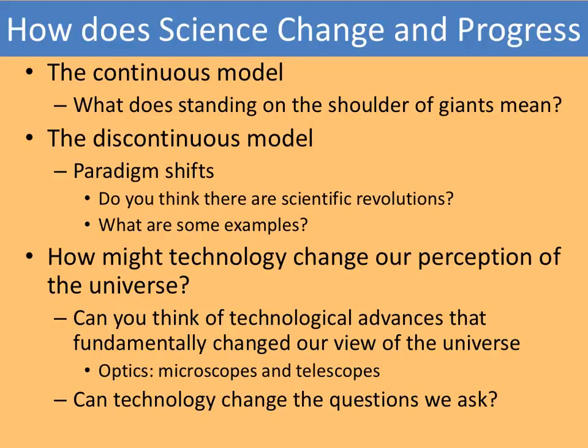So, same thing with telescopes. As you know, for most of human history, people probably thought, if they thought at all, that we were the center of the universe and the stars and the sun and the moon revolved around us. Well, that started to change with telescopes. Galileo saw the rings of Saturn and the moons of Saturn.